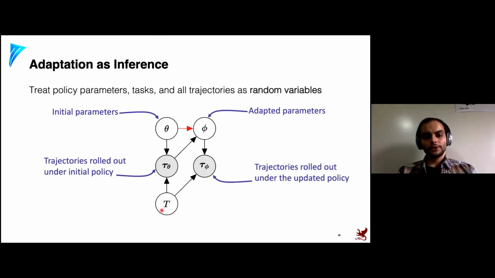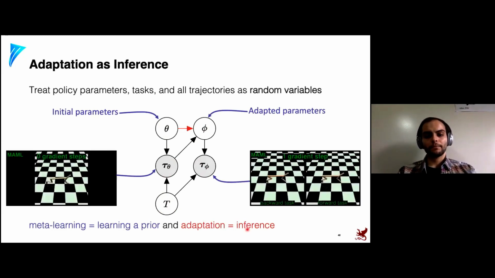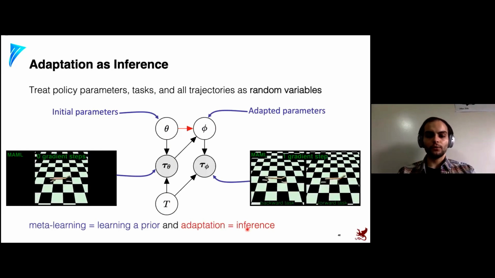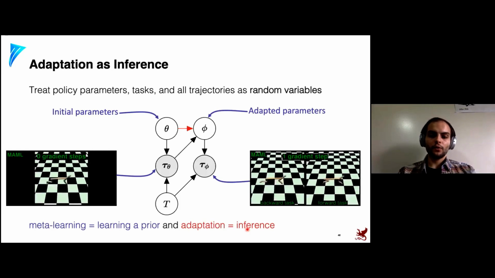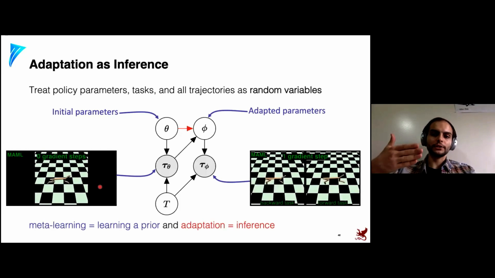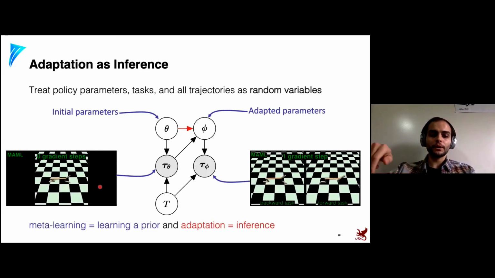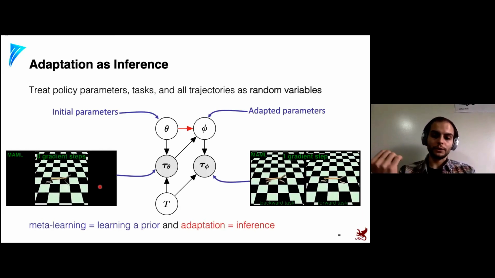Right. So just to give you an illustration, first of all, meta learning in this case is equal to learning a prior, as I already said, in this hierarchical Bayes model, and adaptation is basically the inference. Now, this is just to illustrate this on one of the reinforcement learning tasks, where the goal is to make this cheetah robot, which is actually a one-dimensional robot, run in a specified direction, either run backwards or run forwards, right?